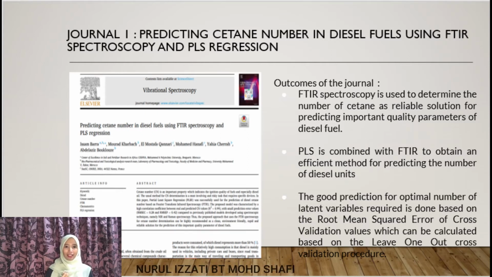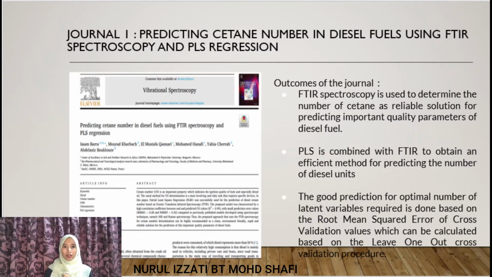Okay, as stated, our first journal is about predicting cetane number in diesel fuels using FTIR spectroscopy and PLS regression. The outcomes from this journal are: first, the function of FTIR spectroscopy in this journal is to determine the cetane number as a reliable solution for predicting important quality parameters of diesel fuels.